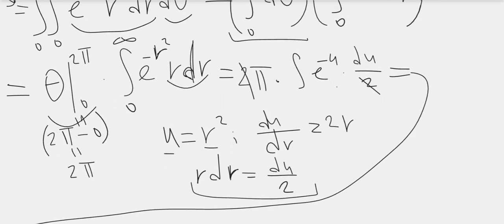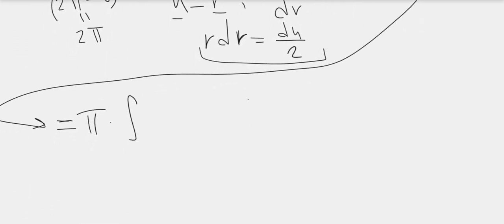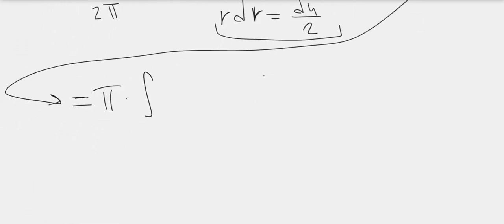Okay, I forgot here to write the limits, but it's still from 0 to infinity. Pi multiplied by the integral of e to the power minus u du.